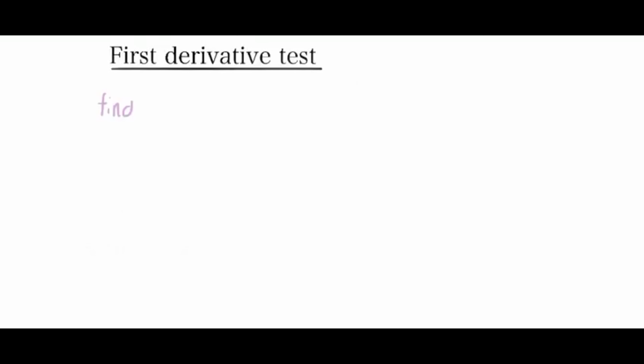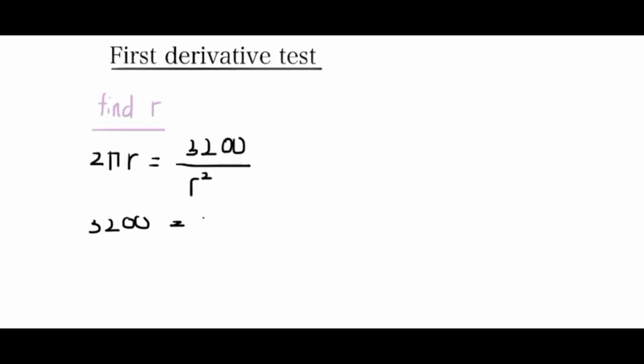Next, to find the value of r, write back the answer but in terms of r. Then, we will get r cubed equal to 3200 over 2 pi.